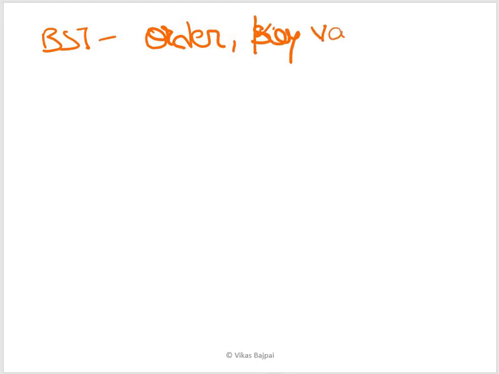That we said in case of BST, your order and the key values matter, right? Based on the order and based on the key values, I may see different size of my binary search tree.